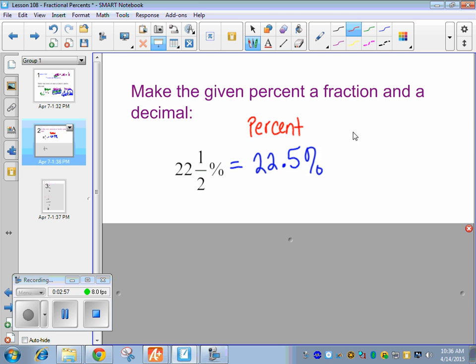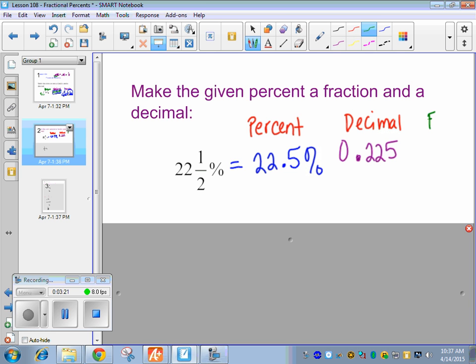So now I want to make it a decimal. So Hannah, where do I move this? Good. And so Riley, what do I get for my decimal? There you go, 0.225. Okay, moved it 2 to the left, so now I have the decimal.